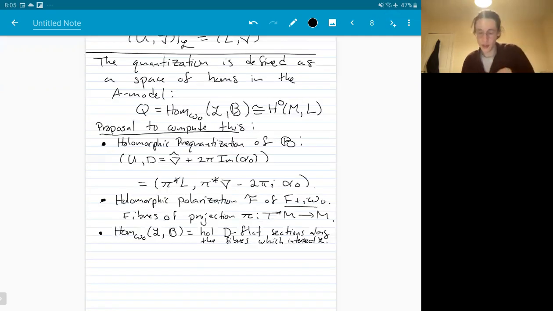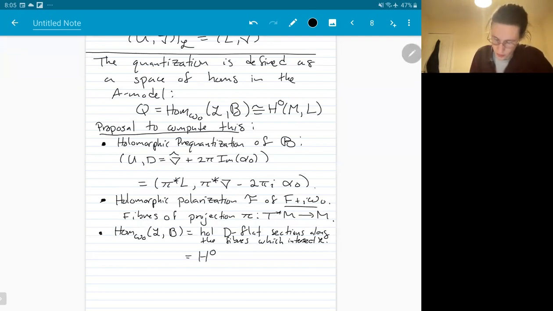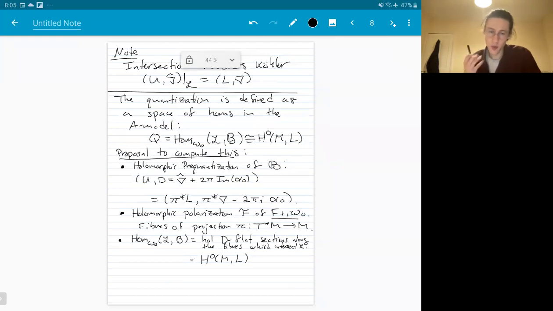And when you do this, sections of U that are constant in the vertical direction exactly recover the holomorphic sections of L. So that's how we view the geometric quantization from the A model perspective.